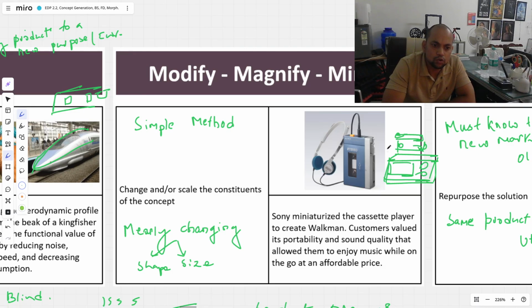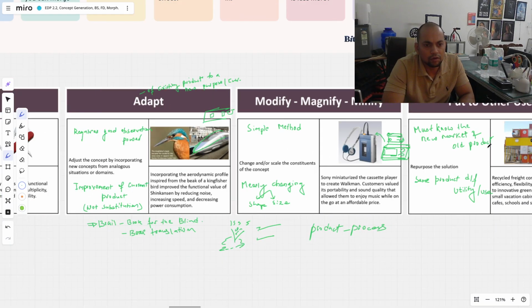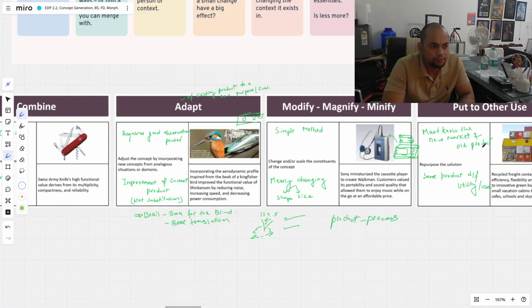Now, when Sony came, they introduced the Sony Walkman, which took the market by storm. They had compacted this a lot based on the new technology or new method, and it was really effective. So this is a method in which you are magnifying or minifying.